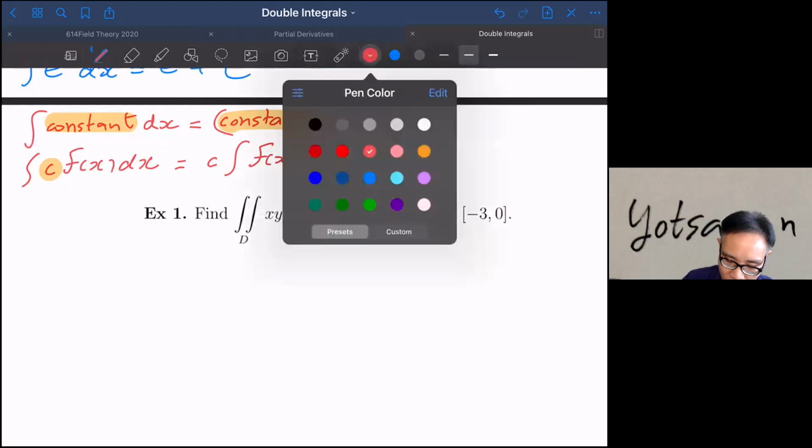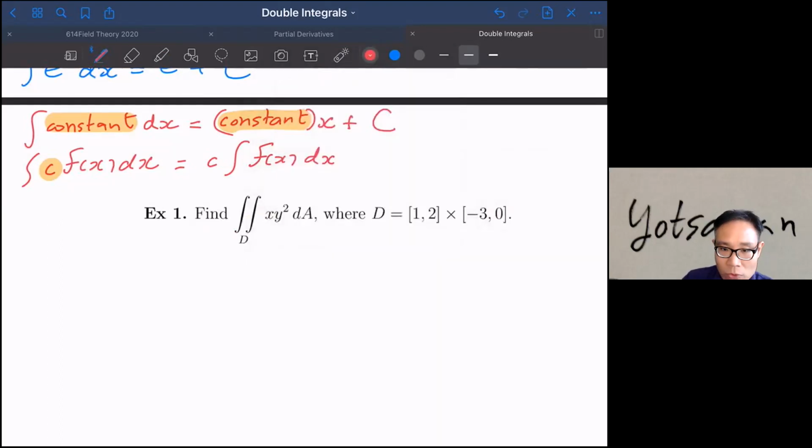Let me sketch this for you a little bit. You know that this gives you x between 1 and 2 and y between negative 3 and 0. So you graph this with y from negative 3 to 0, and x from 1 to 2.